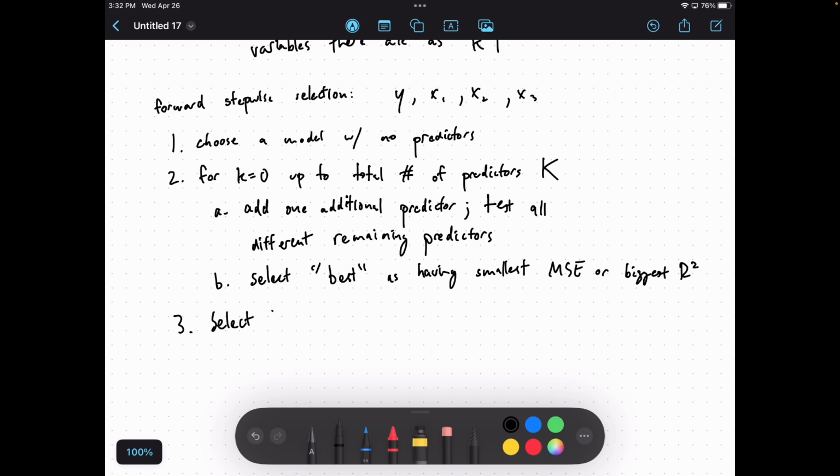Then select the best overall based on a selection criteria. Okay. What the heck does that mean?